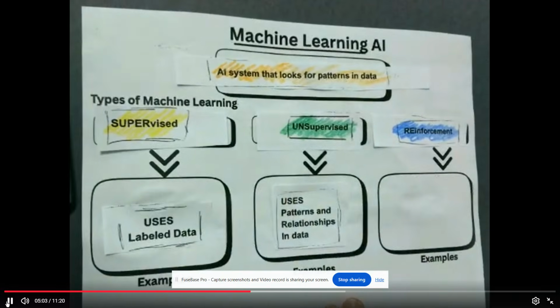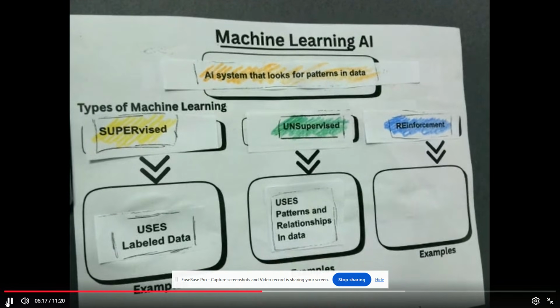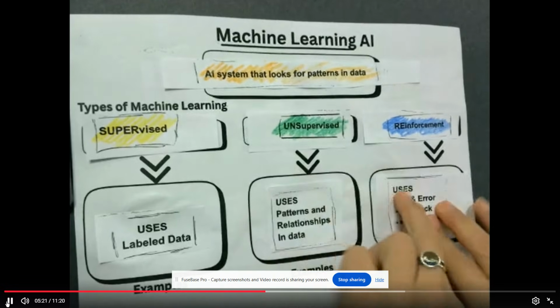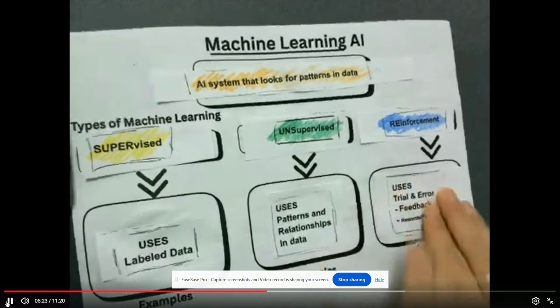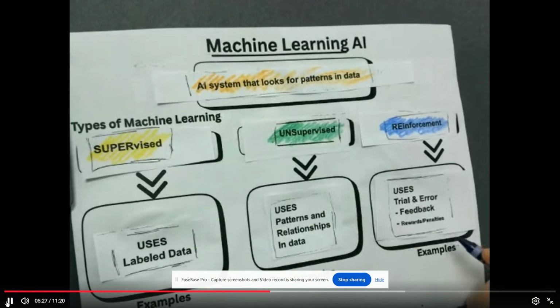And finally, reinforcement is going to use trial and error. It's going to test something out. If that does not come back with a reward, then it will try something new. And if it gets a reward as its feedback, then it knows that's the right thing to do. So it's a rewards and penalty system. It's like, when you're playing tic-tac-toe, I could put an X in that box. Does that equal a win?